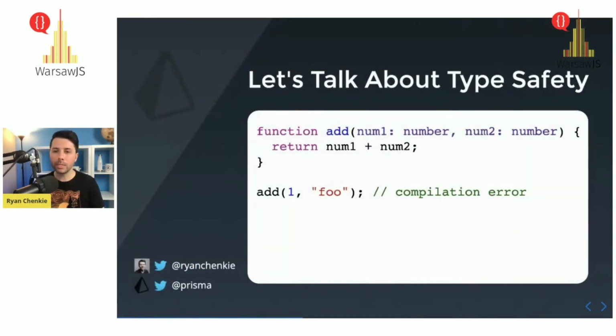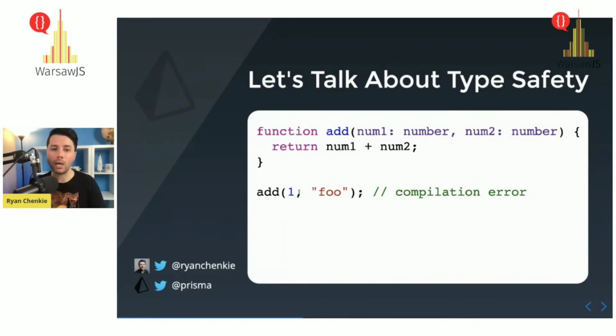So TypeScript comes into the picture like this. Very simply, we can say that the two arguments that are going to go to this add function are supposed to be numbers. We can type hint them with a colon and say num1 is supposed to be a number, num2 is supposed to be a number. And then when we go to call the function, we can anticipate that we're not going to be able to even run the program if we pass something that is not a number.